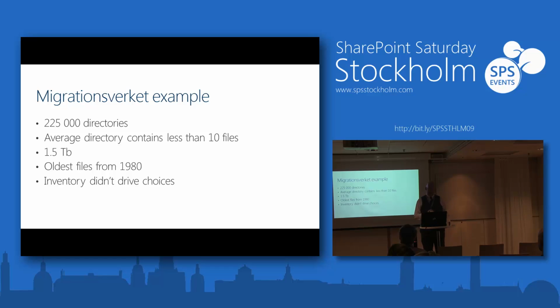But I did an inventory of their files and I was trying to make them make decisions based on that. So why don't we do a cutoff point? Why don't we say that we only migrate the files that have been changed in the last 2 years? No, that was very difficult. Okay, how about we do only the ones in those directories? No, that's very difficult too.